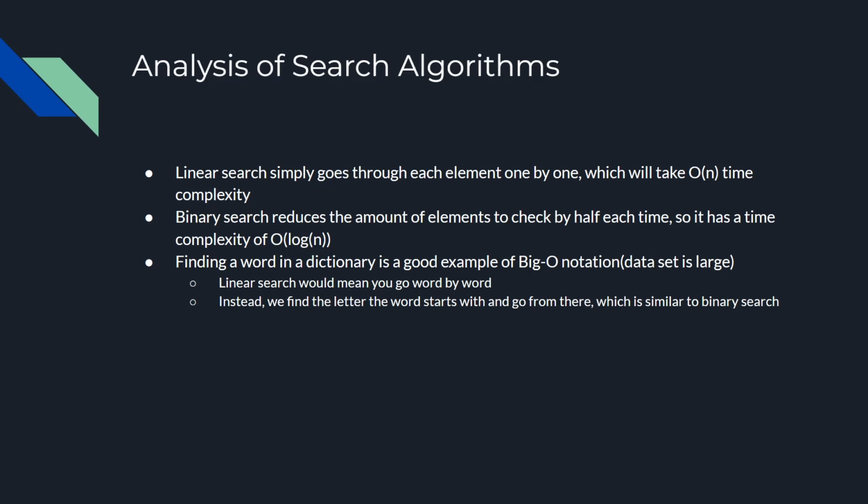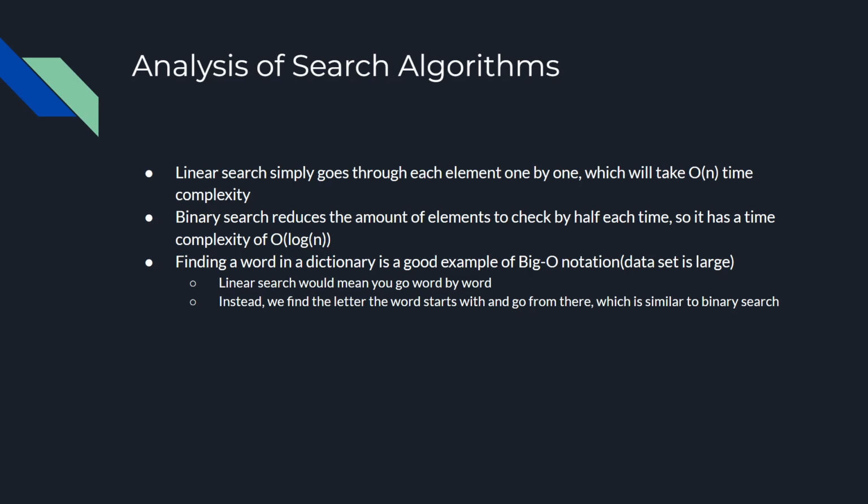Whereas binary search has a much better time efficiency, being O of log n, because it is able to cut the array in half every single time it goes. So that means that if you can, use a pre-sorted array because then you can use binary search and cut the search time by a significant amount.